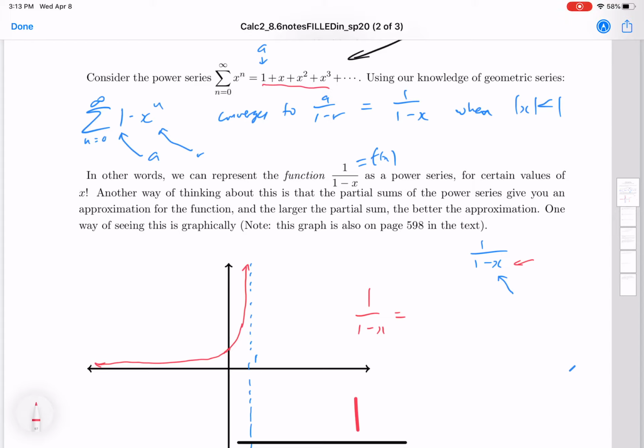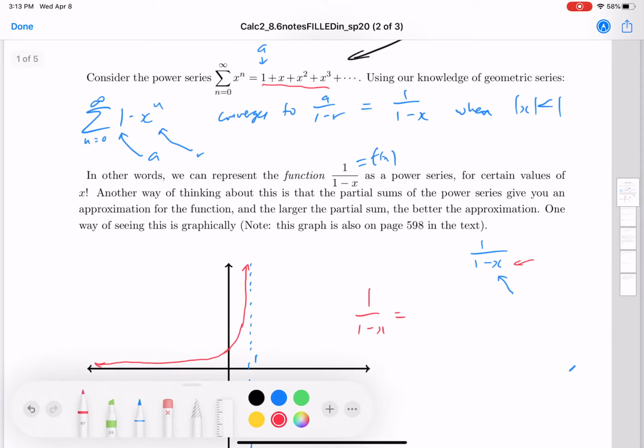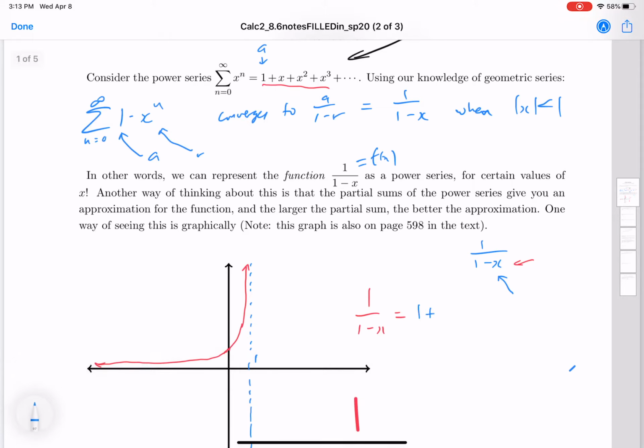And so if I start adding up these terms, suppose I look at just the first two. Suppose it was just 1 plus x. So if I just chopped it off and I only looked at the first two terms of that power series, that's going to be close to my function, but not exactly.